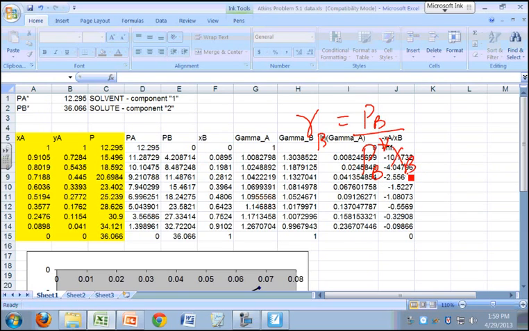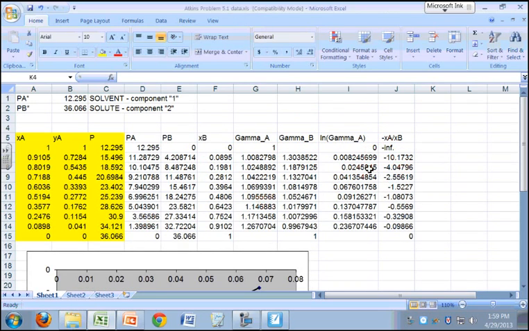So that's gamma sub B, and that's this one right here. So you can actually calculate it. But we're going to illustrate how you could calculate gamma sub B if B were not volatile. Actually, even if it's volatile, you can still calculate it using the Gibbs-Duhem equation.